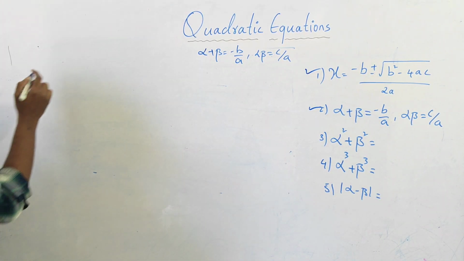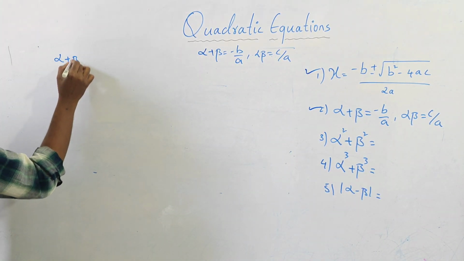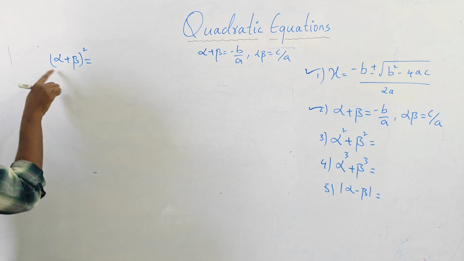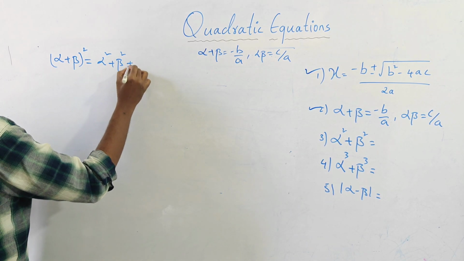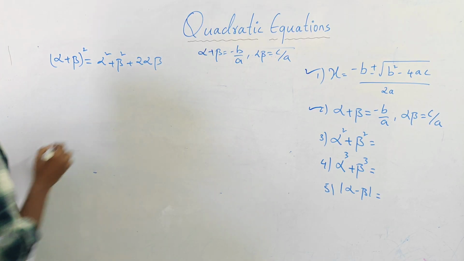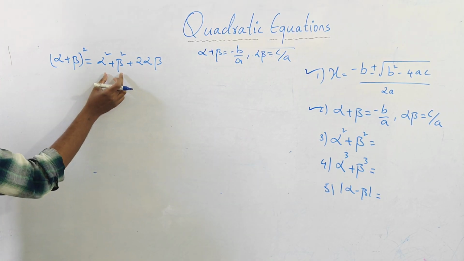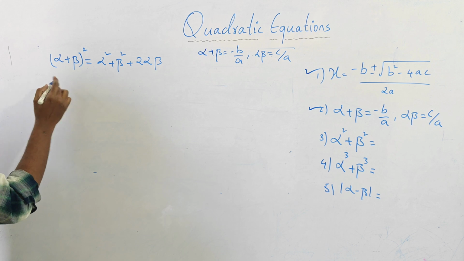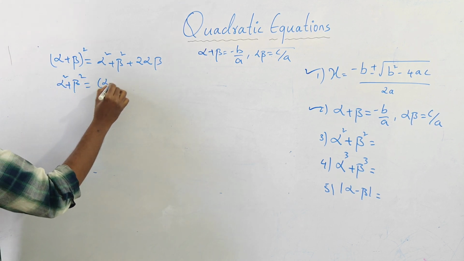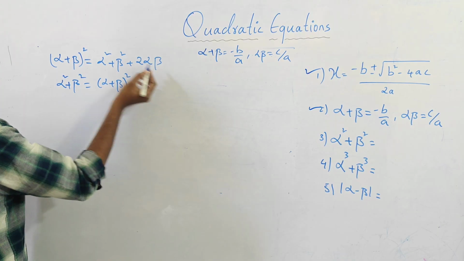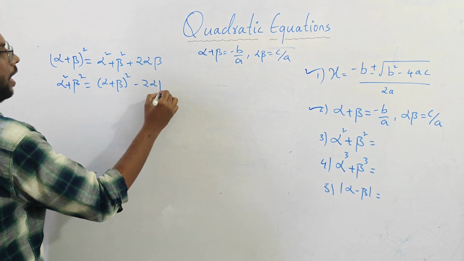Can I write the formula for alpha plus beta whole square? A plus b whole square can be written as a square plus b square plus 2ab, correct? From here I need this term, send this term here. So what is left? Alpha square plus beta square equal to alpha plus beta whole square, plus will become minus 2 alpha beta.